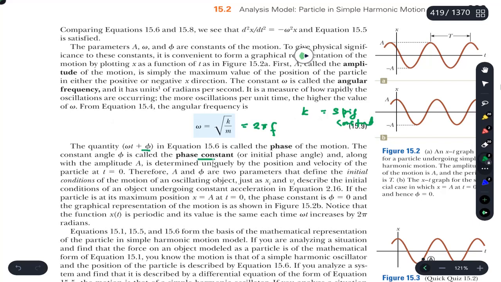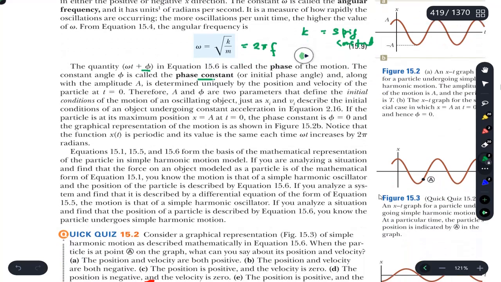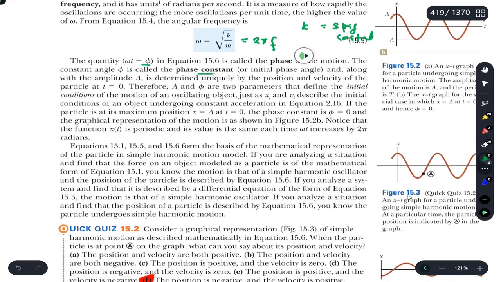Now, the idea of the phase constant, I could straight away tell you why it's there. This expression shown in figure 15.3 specifically shows that when time is equivalent to 0, the displacement is at the amplitude.